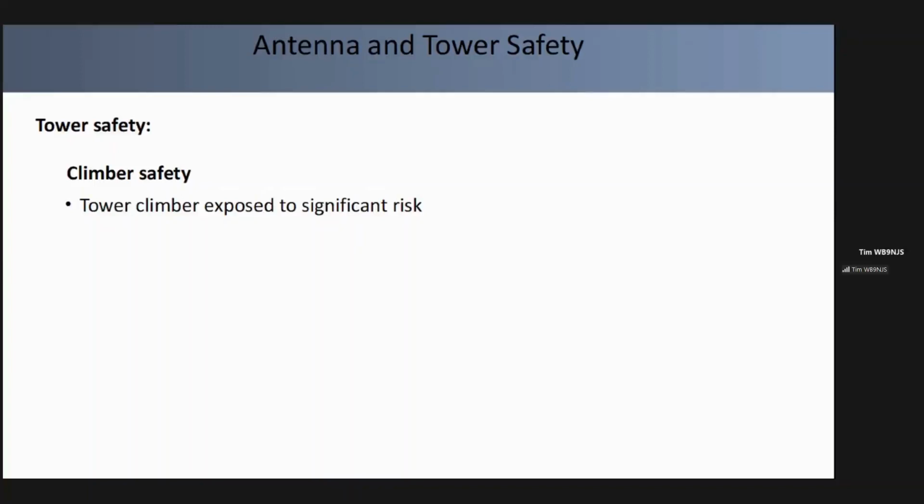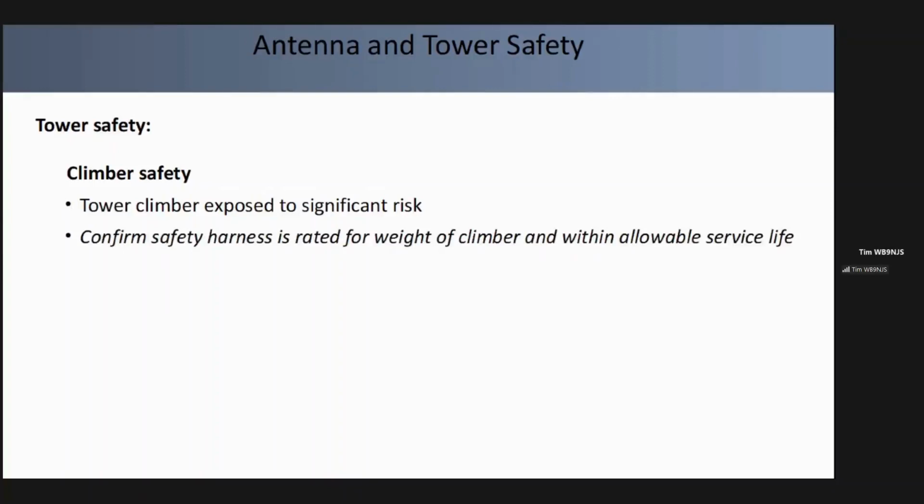You're maybe 50 feet, 100 feet, 200 feet up, depending on the tower. Most hams are probably 100 feet or less, but if you're working on that tower, you're exposed to a significant risk. Of course, you tend to think of a fall as the serious risk, and it is.